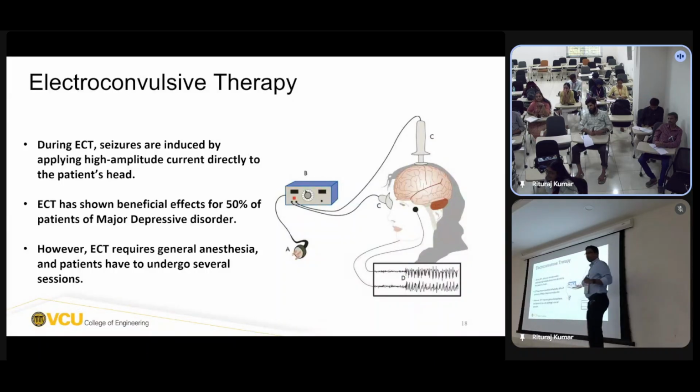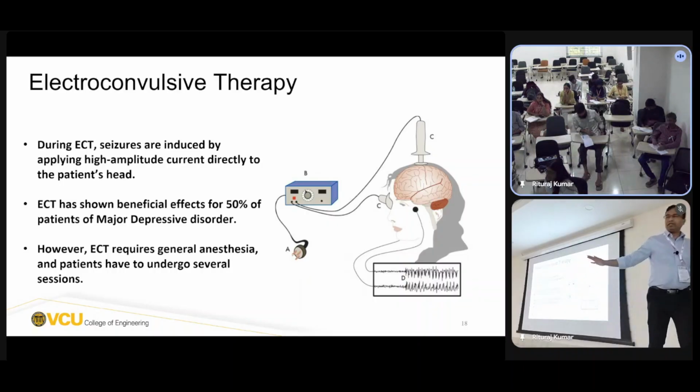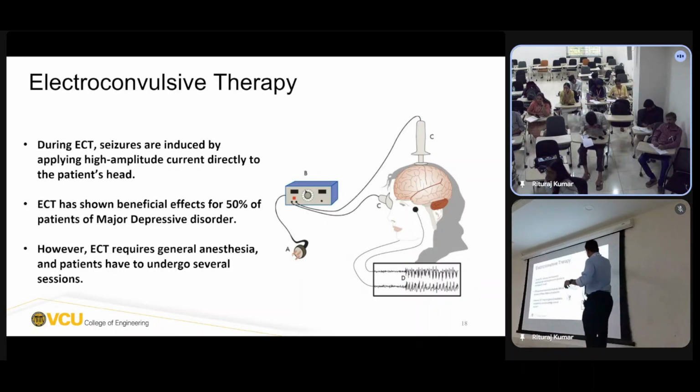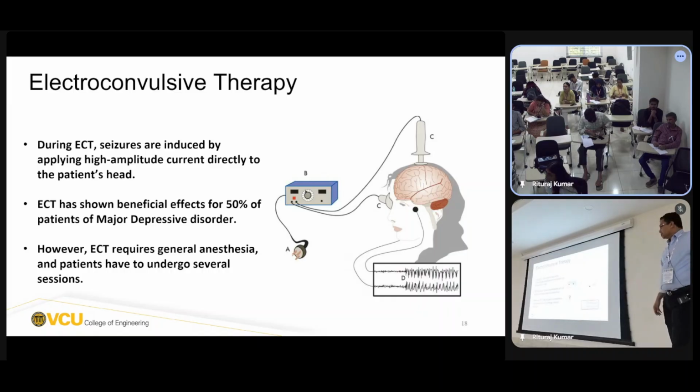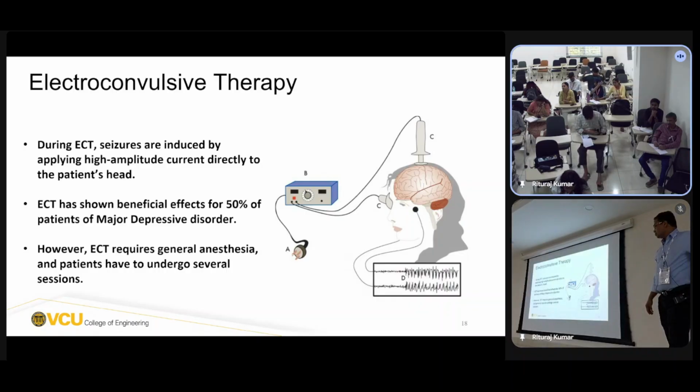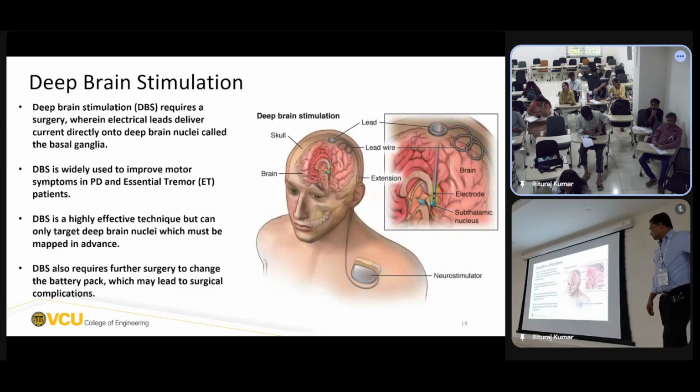So again, briefly, electroconvulsive therapy: large current, one electrode, another electrode. I talked about how it is not very safe, but it has been effective for serious conditions. So it has to be done in a hospital setting. The person has to be anesthetized to do that.